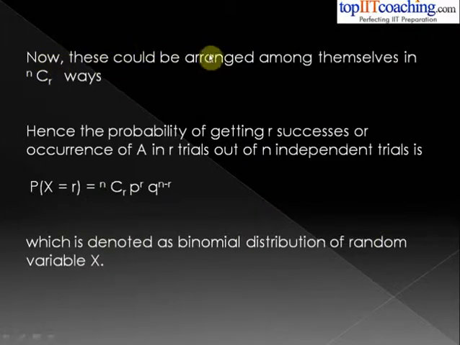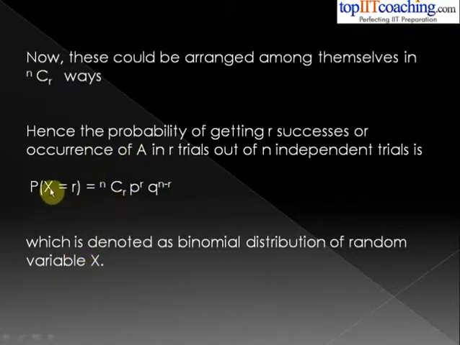Now we see that these could be arranged among themselves in nCr ways. Hence we can say that the probability of getting R successes, or occurrence of A in R trials out of n independent trials, is P of X equal to R equal to nCr into P to the power of R into Q to the power of n minus R. And this is the binomial distribution of the random variable X. Now X could be 1, 2, 3, 4 up to n.